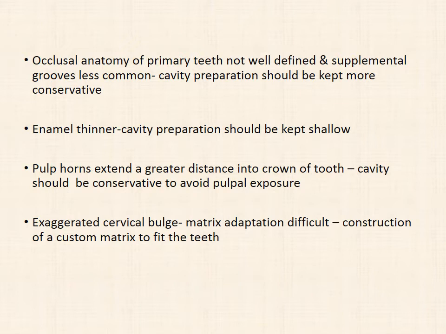The pulp horns extend a greater distance into the crown of the tooth, so the cavity should be conservative to avoid pulpal exposure. As I have already said, the pulp horn is placed higher, so the cavity should be conservative to avoid any pulpal exposure.